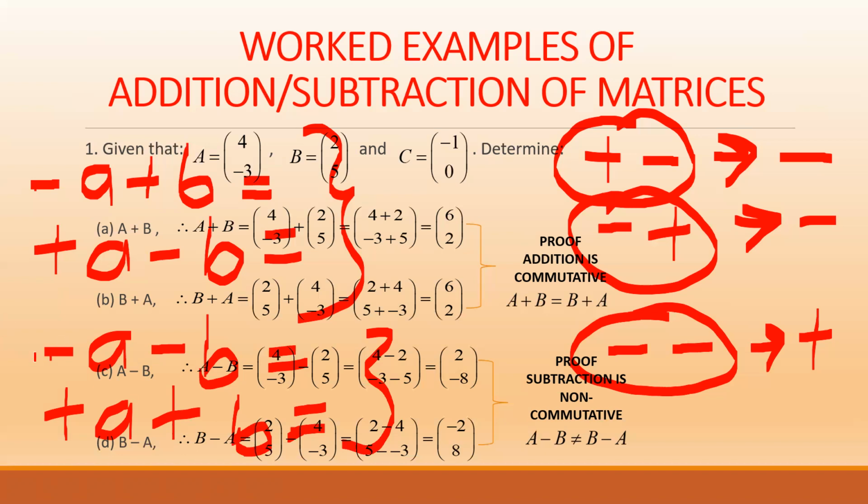So you will have a case where one of the signs will be a negative and one will be a positive. In a case like this, you must subtract and keep the sign of the bigger absolute value.